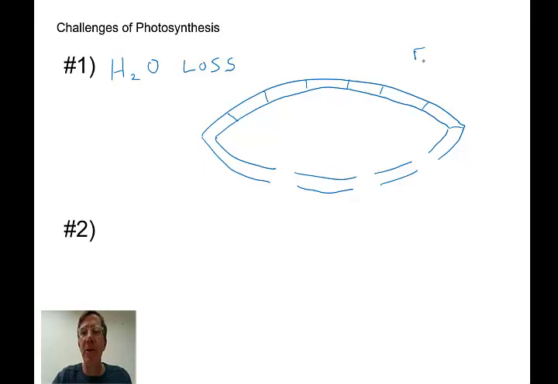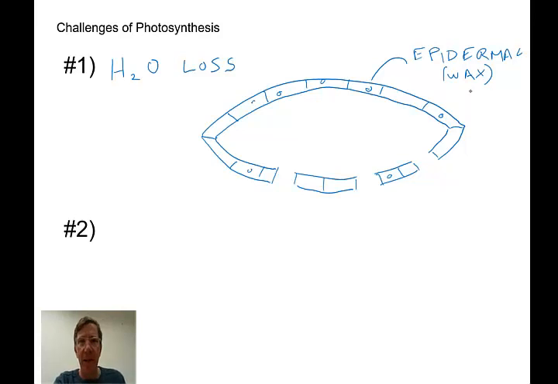This is the epidermal cells, and these are living cells. We can put some little nuclei in there to remind us that these are living cells. And they're going to be on the top and the bottom of the leaf. And one of the things that these epidermal cells do is they secrete wax.